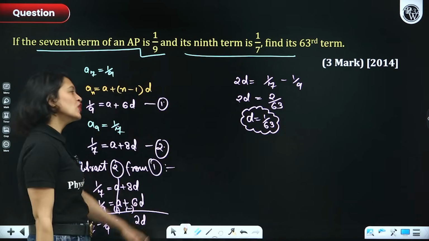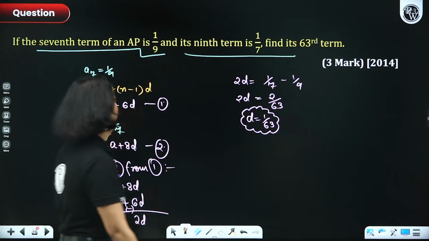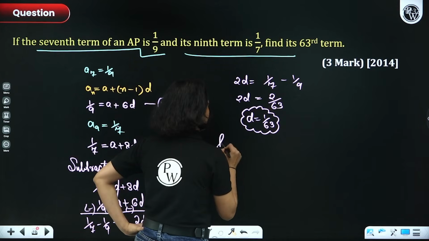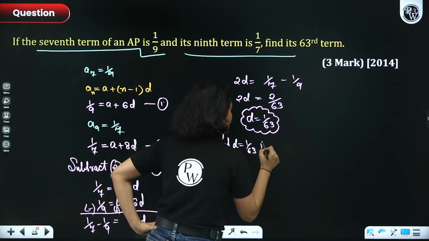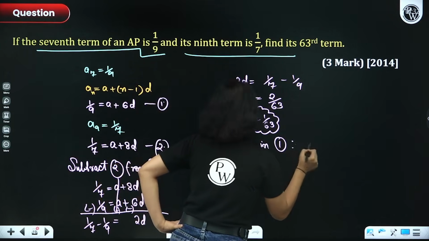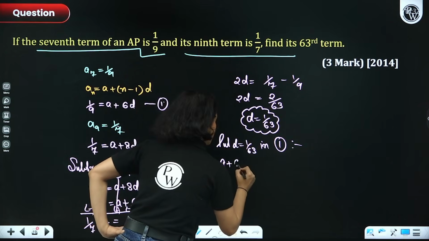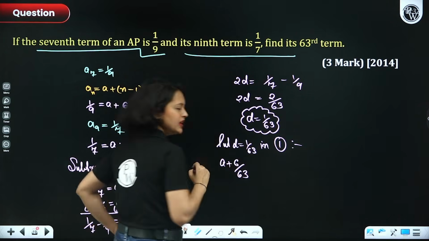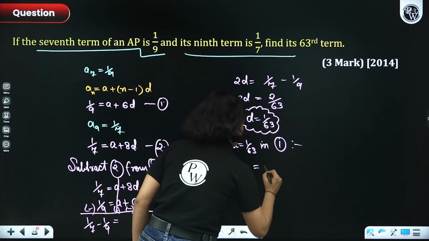Now you can put the value of d in any of the equations and figure out the value of a, right? So put d is equals to 1 over 63 in 1. If I do that, what do I get, everyone? A plus 6 into 1 over 63, that is 6d, which is equals to 1 by 9, right?